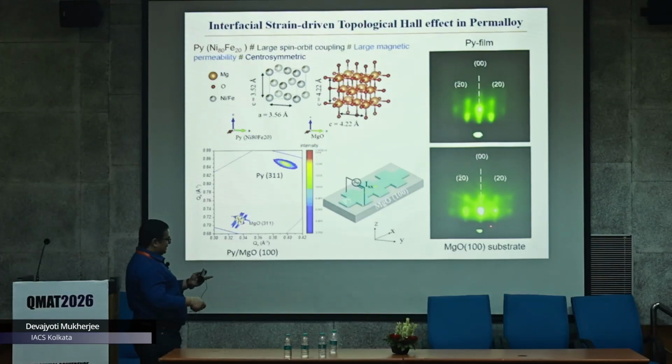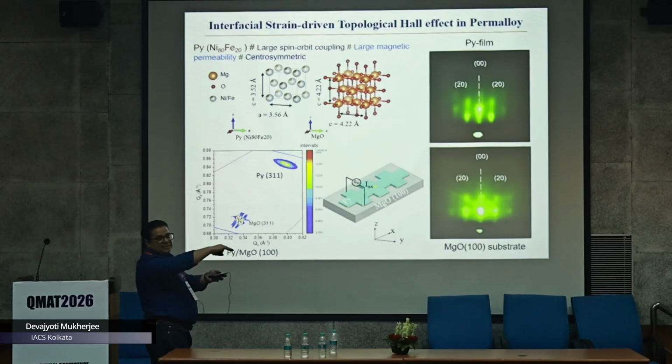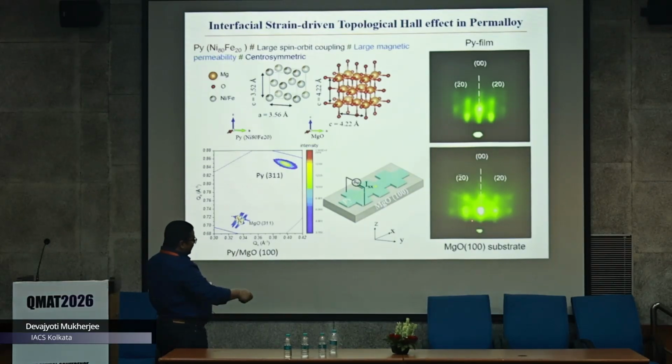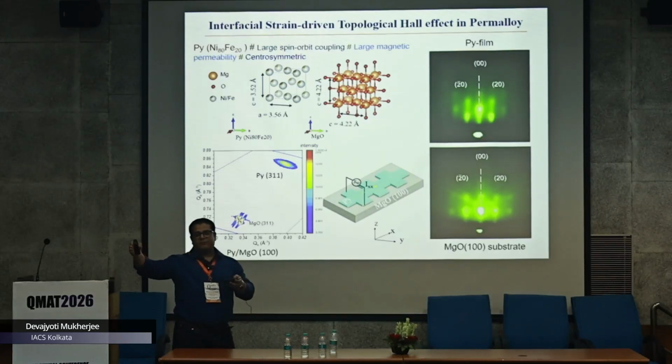But such kind of growth is not easy, so we usually monitor the growth using an in situ RHEED facility. RHEED is reflection high energy electron diffraction. So you can consider if an electron falls on your substrate, and after it reflects, it gets diffracted through the single crystal planes. And what you are seeing as just lines are actually the crystal lattice planes of your material.